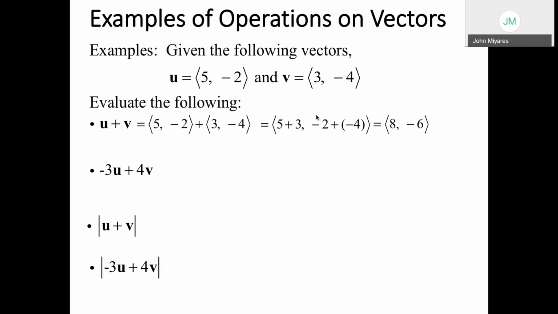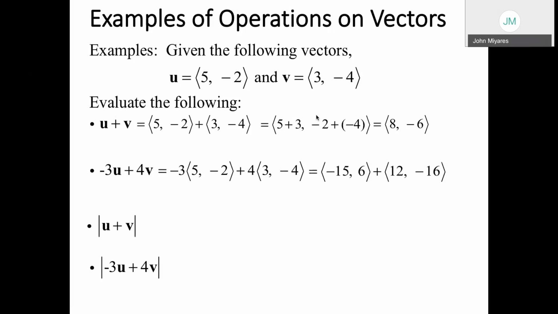Now let's look at the second example. If we've got -3u plus 4v, we want to multiply each of the components of each vector by that scalar coefficient before adding them together.